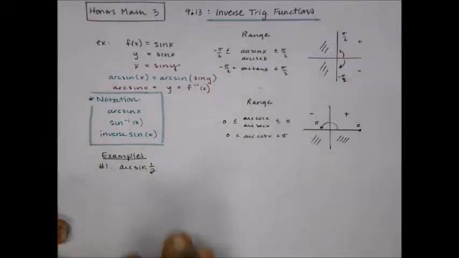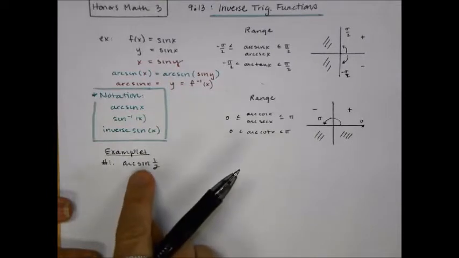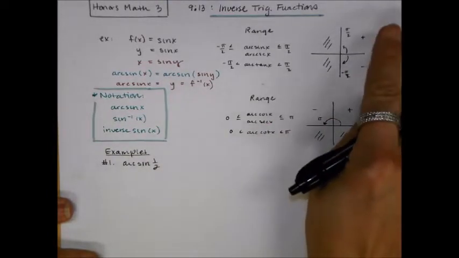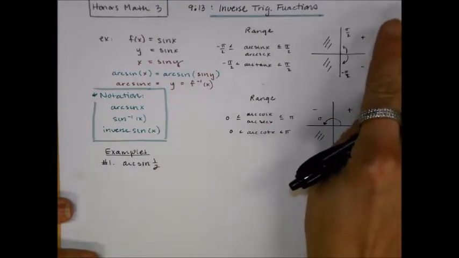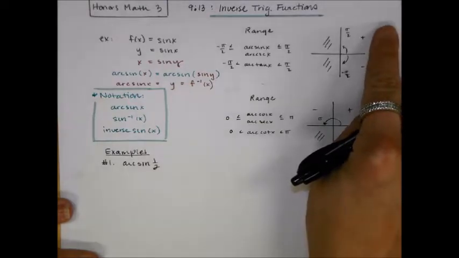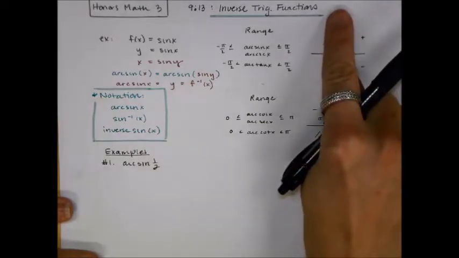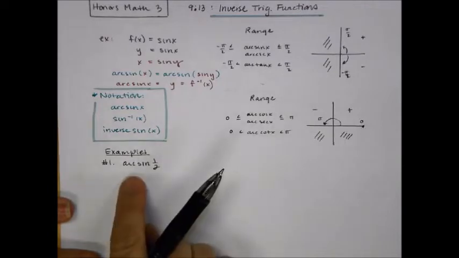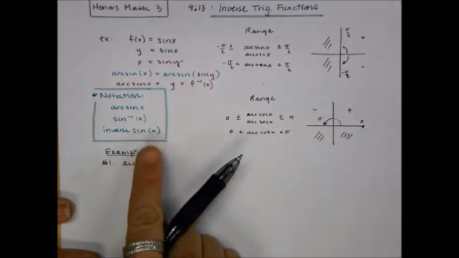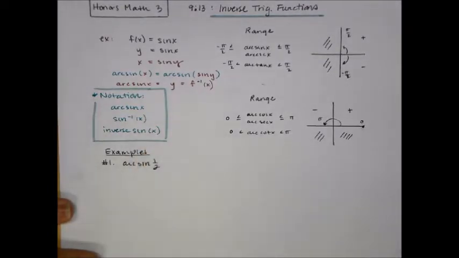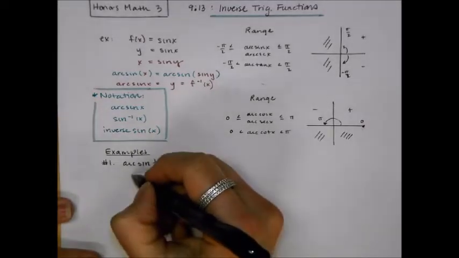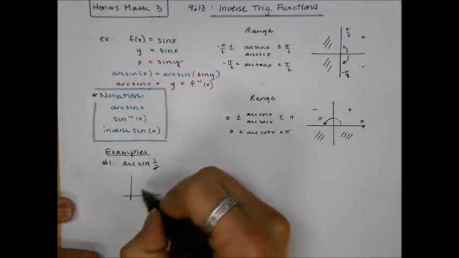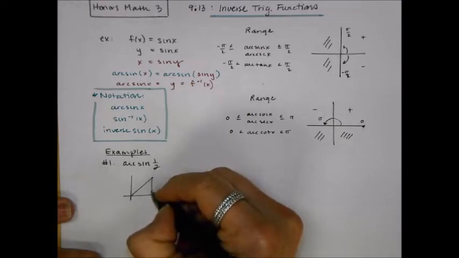So if inverse sine is a positive, we're right now looking in quadrant 1. So my answer should be an angle between 0 and pi over 2. I'm looking for the angle where sine is opposite 1 over hypotenuse 2. If it helps, you can draw it out. So quadrant 1, opposite 1, hypotenuse 2.